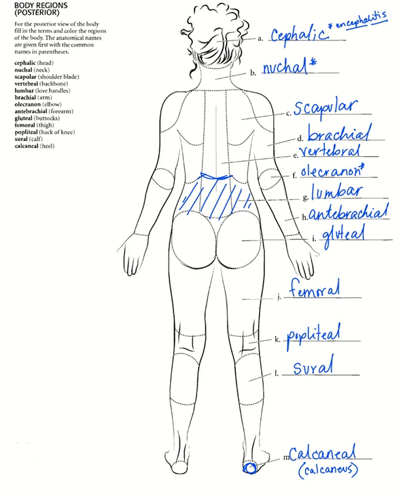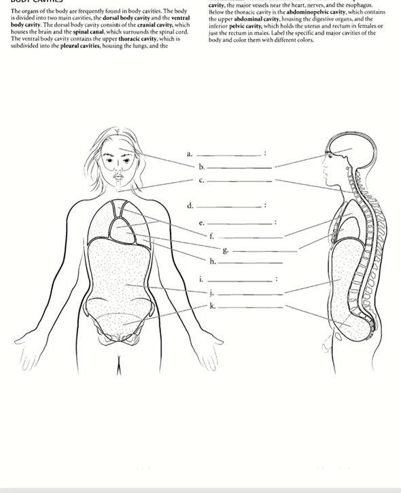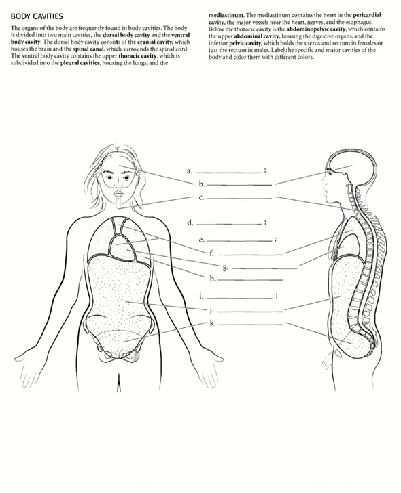Just 2 more to go in this video. Let's talk about the body cavities. First off, we can divide our cavities into 2 categories. One being towards the back of the body, the other being towards the front of the body.